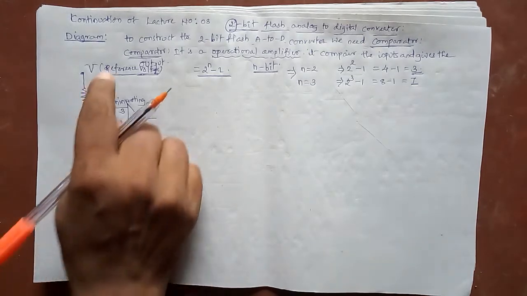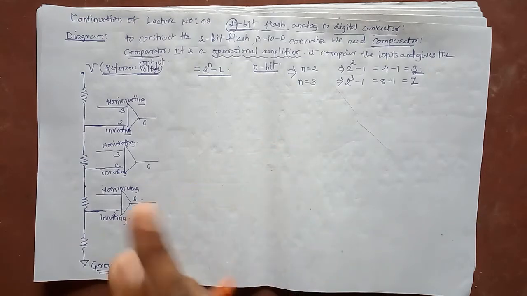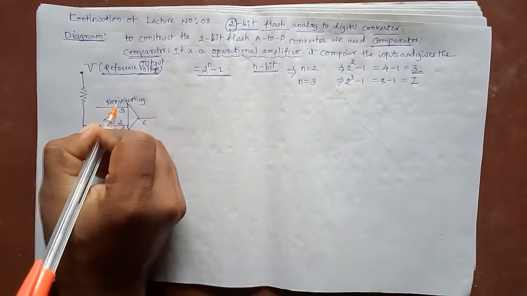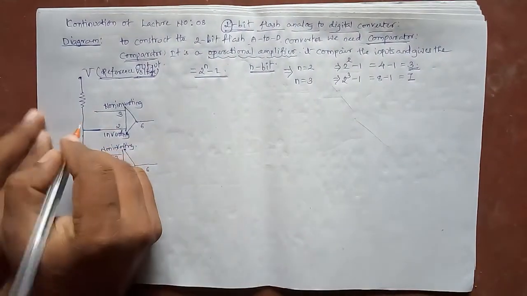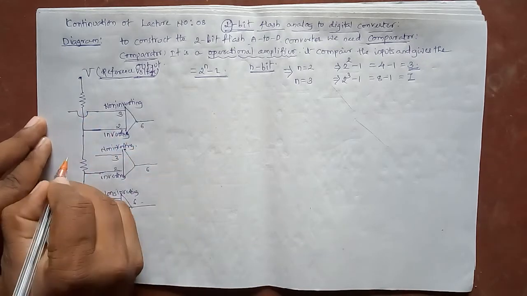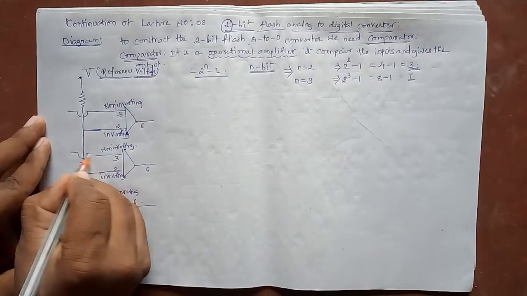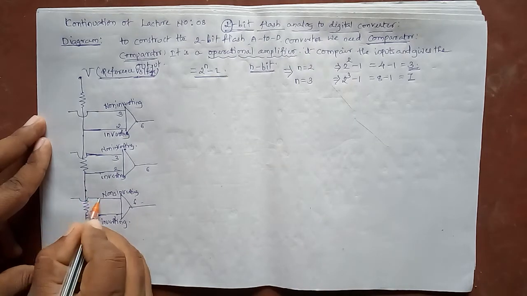I consider one voltage, but we require two voltages for comparison. Terminal number 3 of the comparator is connected to the supply voltage. Here we have 3, here we have 3, and here we have 3.